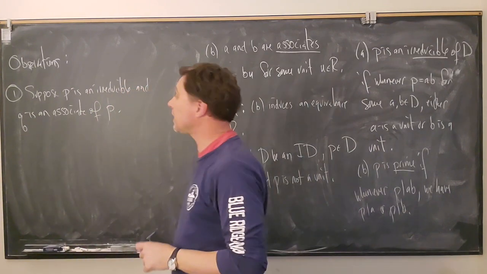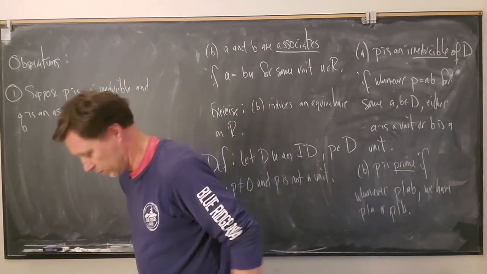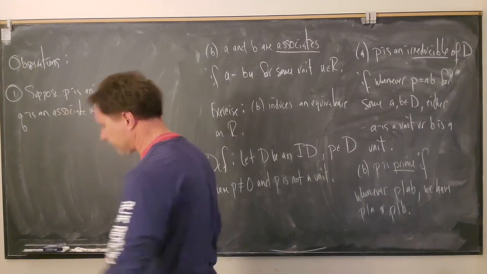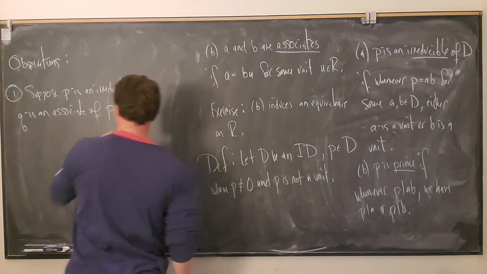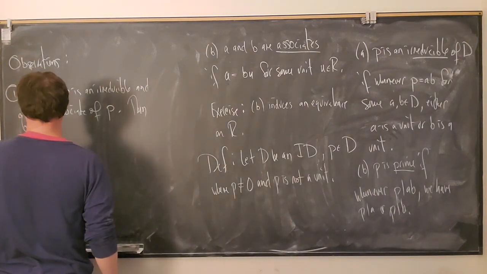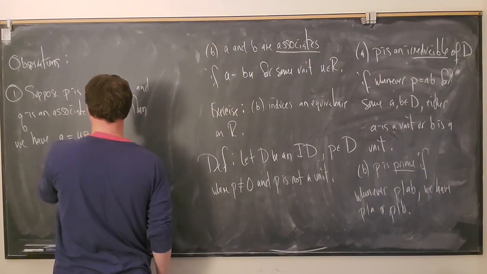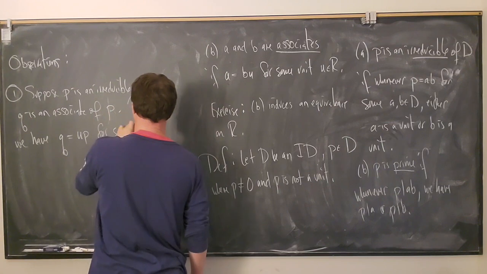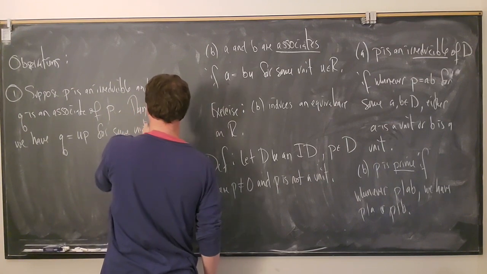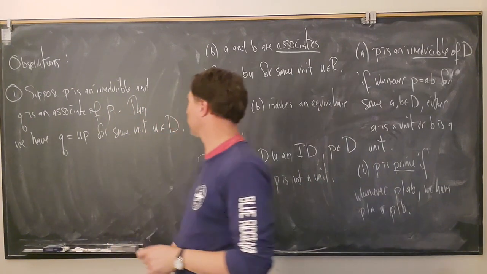So P is equal to Q times some unit or vice versa. So then we have Q is equal to U times P for some unit U in our integral domain D.